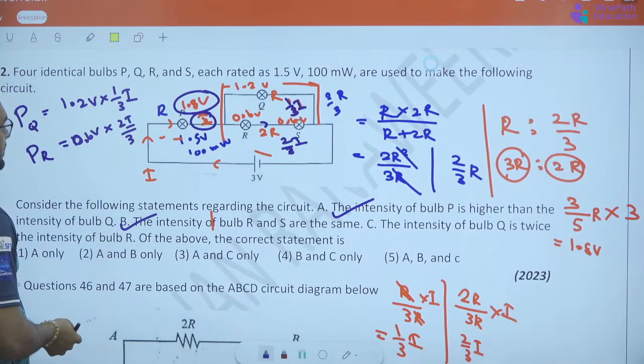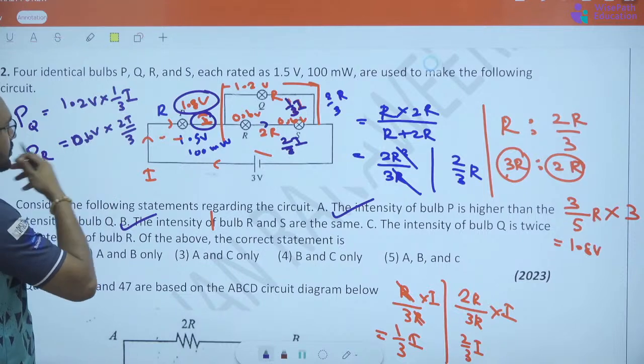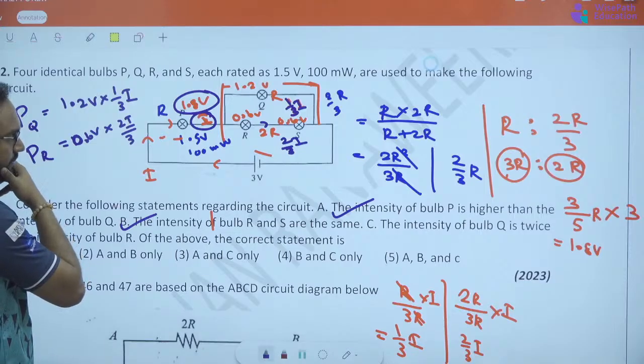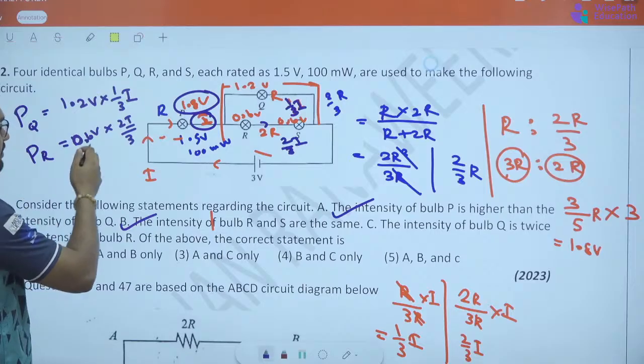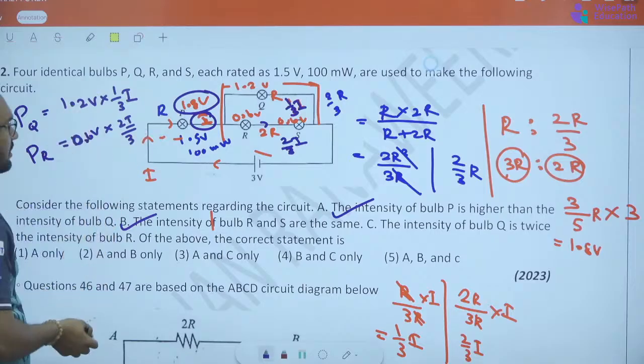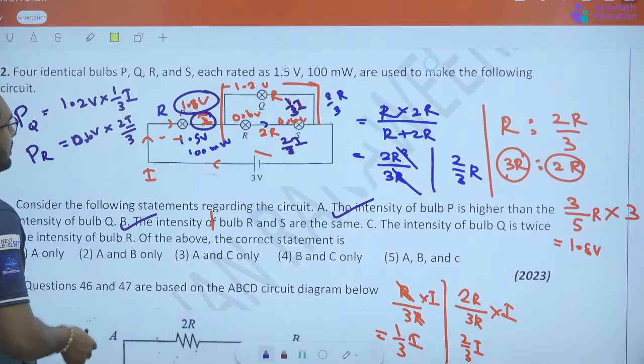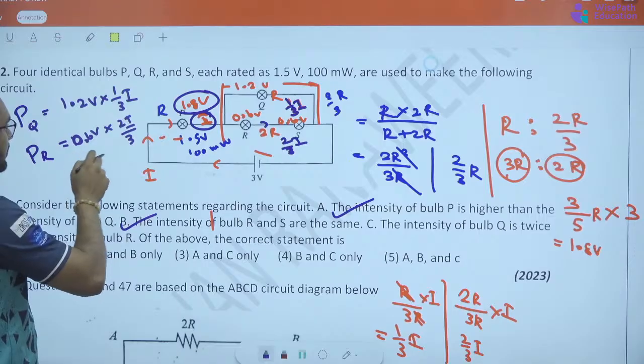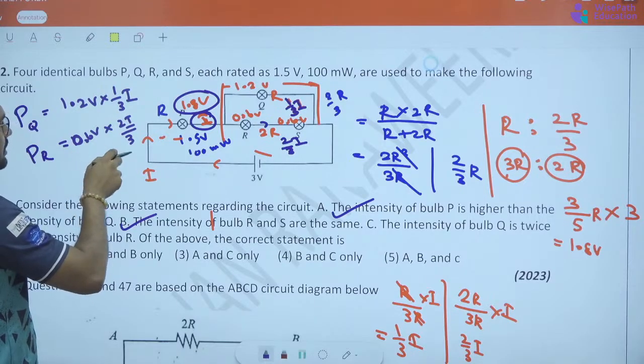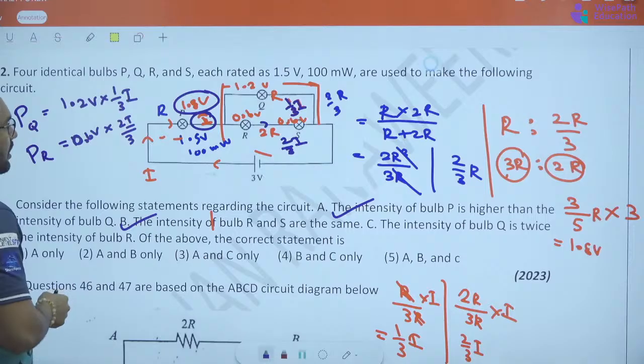So if you compare this, if you multiply this by 2, would you get this one? If you multiply this by 2, that will be 1.2 volt into 4I over 3. So it's not equal to this one, right?